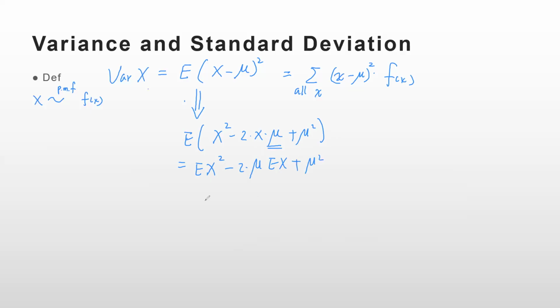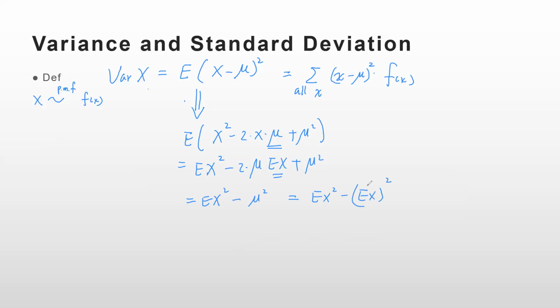Then you have mu squared. But E of x is just a different notation for mu, so you have 2 times mu squared. They are negative and positive, so they cancel out one of them. You have eventually this thing, which I'm going to write back as E of x squared minus mu squared.